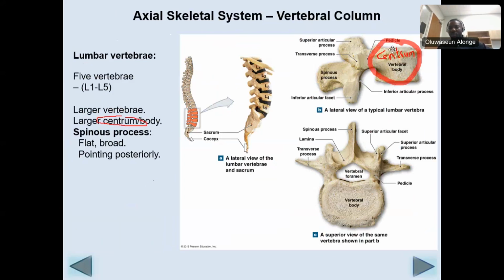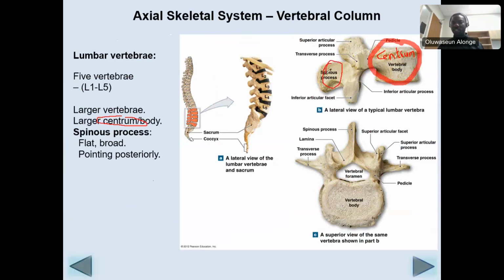Now, lumbar have a larger centrum, and that makes sense because when you are sitting, your weight bearing comes on lumbar. So that explains why it has a larger centrum. All right. Now, when you look at the lateral view, what do you notice with the spinous process?